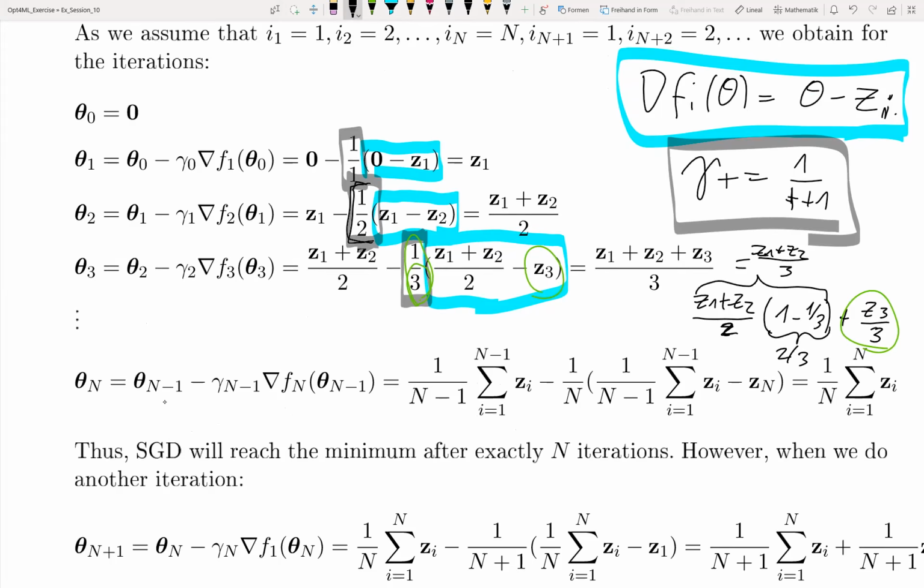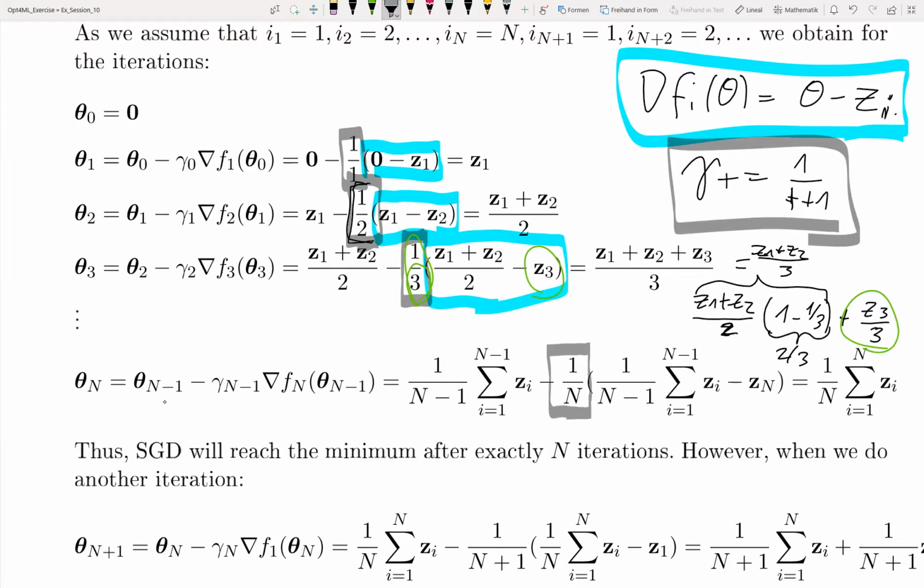And this is exactly what we had before. We have that the step size would be 1 over n. Gamma n minus 1 would turn to 1 over n.